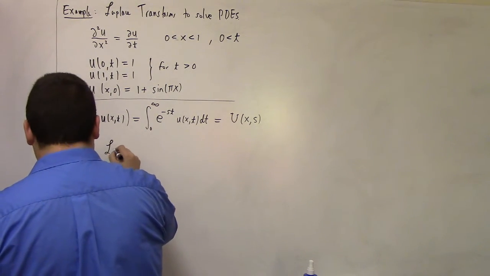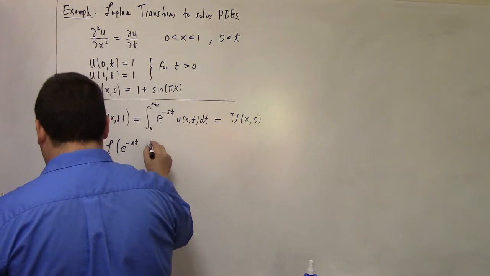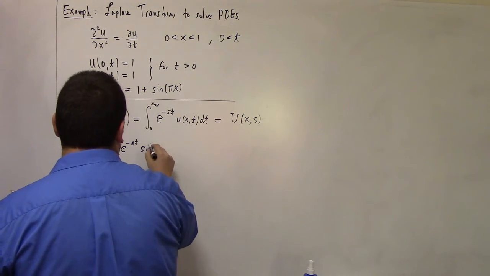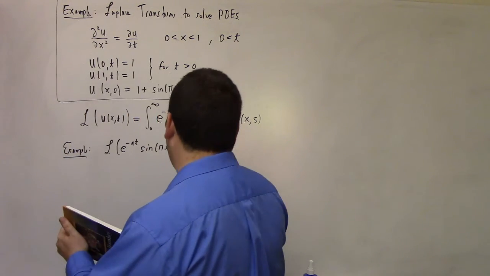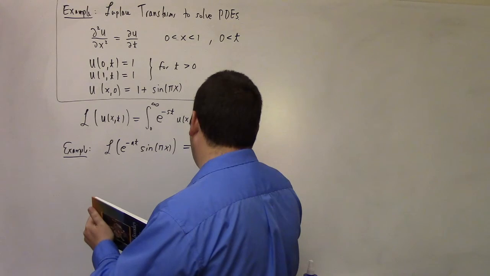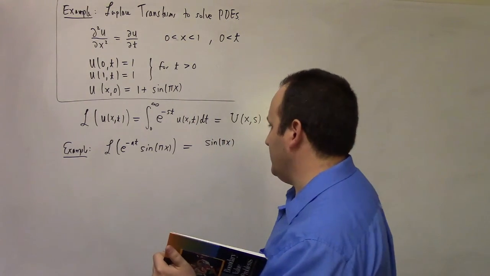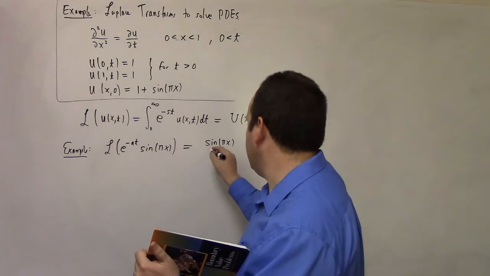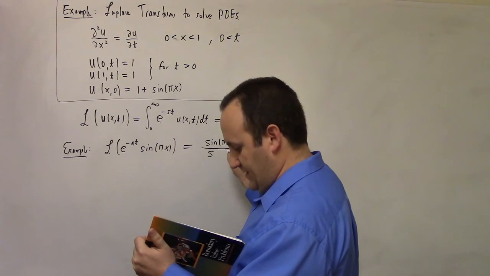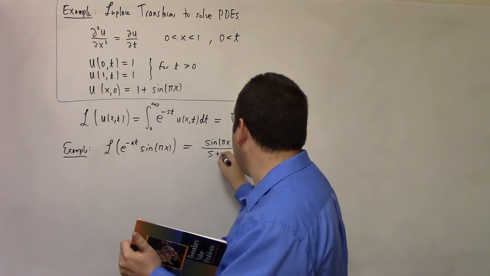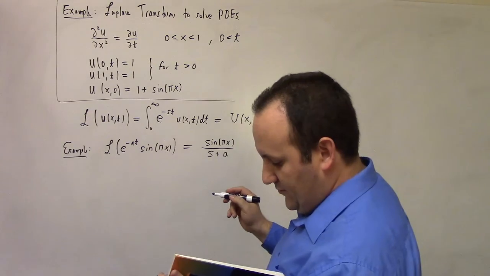If you calculate the Laplace transform of e to the minus at times sine of pi x, what do you get? Basically, the sine of pi x is just riding along. So you guys know what the Laplace transform is of e to the minus at. It's 1 over s plus a. s minus a, I forgot. s plus a. Yeah.